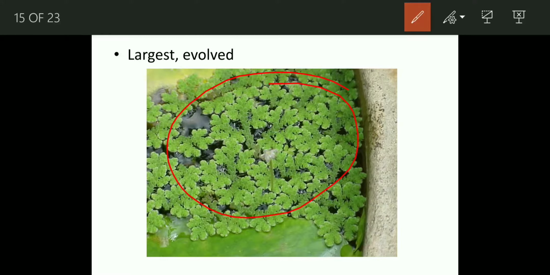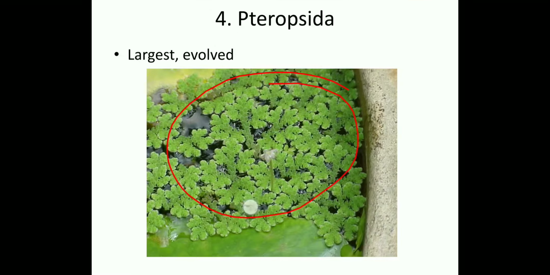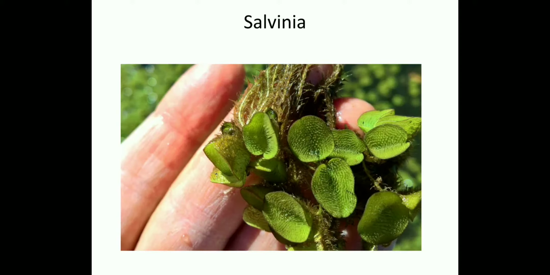These are some important members of this group. Then we have Pteris, all true ferns. You can see Salvinia. They all belong to Filicinae. Adiantum is commonly called maidenhair fern. These are very important terminologies, the common names for these pteridophytic groups.